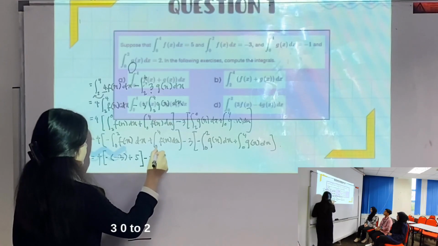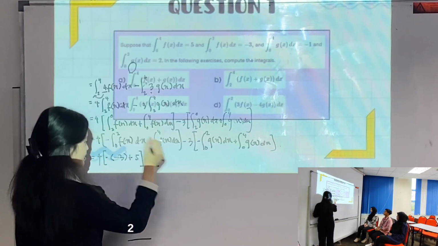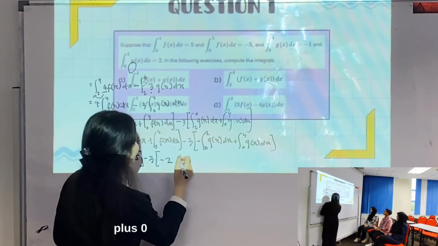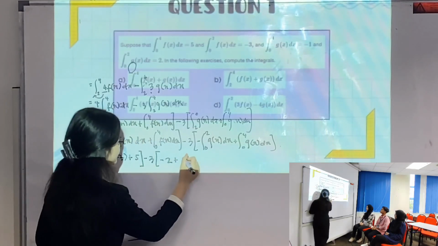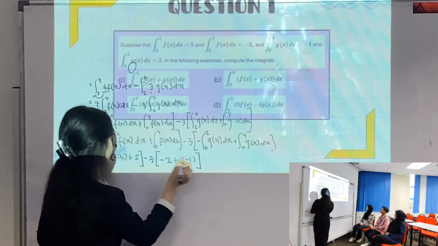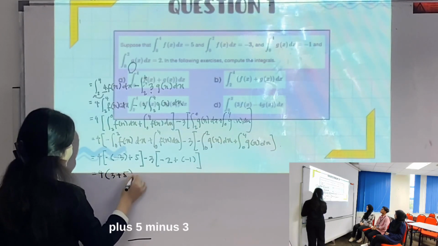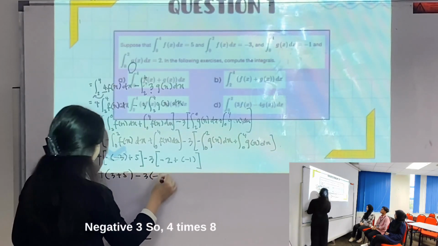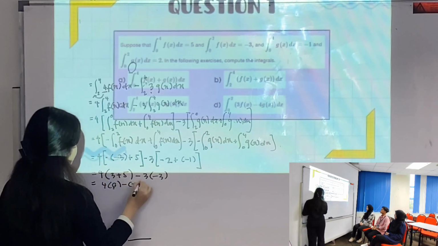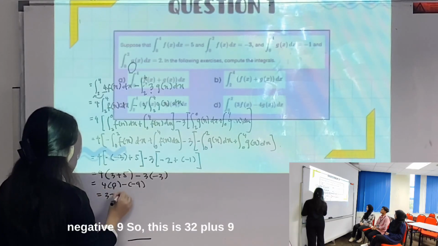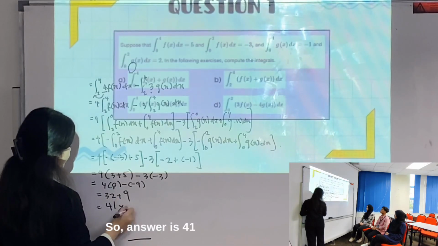And then 3 times the integral of g(x) from 0 to 2, which is 2, plus the integral of g(x) from 0 to 4, which is negative 1. So we can calculate this: 4 times the sum of 3 plus 5 is 8, minus 3 times negative 3 plus... negative 9. So this is 32 plus 9. So the answer is 41.